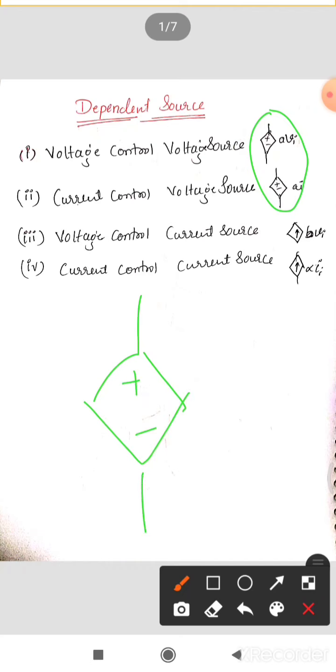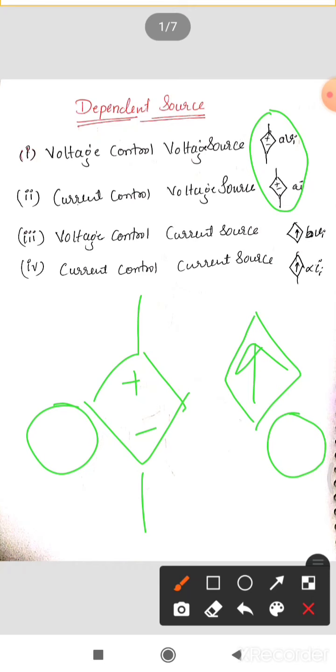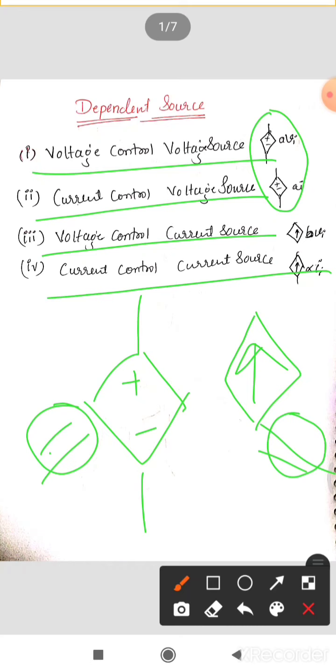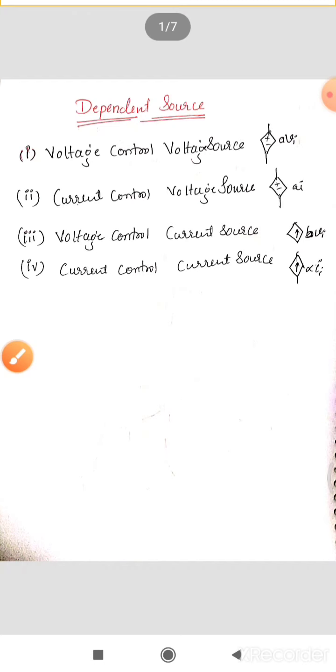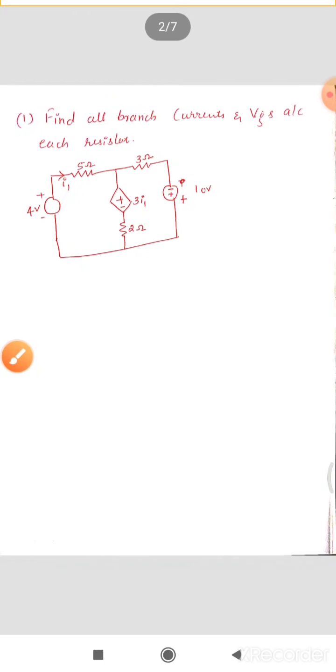A plus and minus sign indicates a voltage source, and an arrow mark indicates a current source. They may be dependent on voltage or current, and based on this dependency we bifurcate these current sources and voltage sources as voltage controlled, current controlled, and so on.